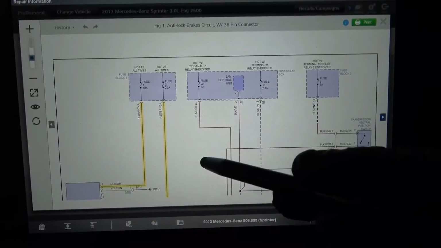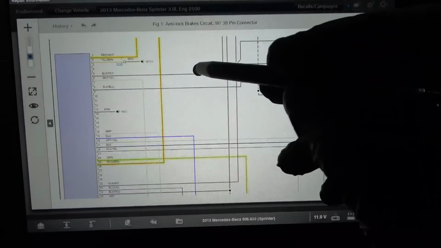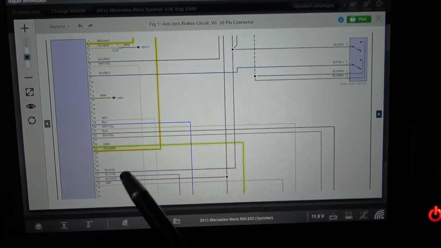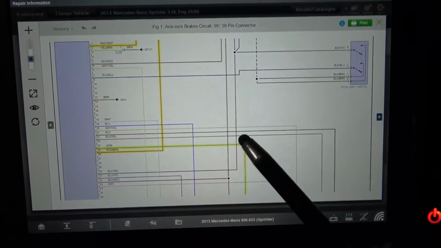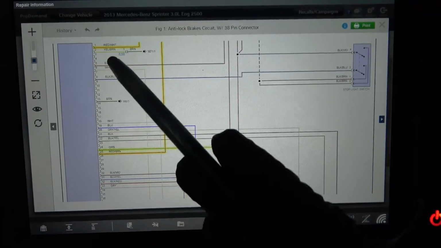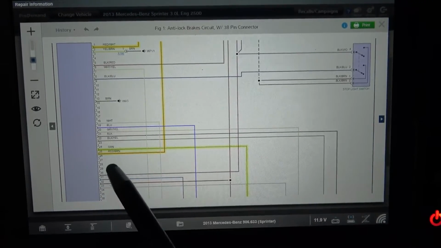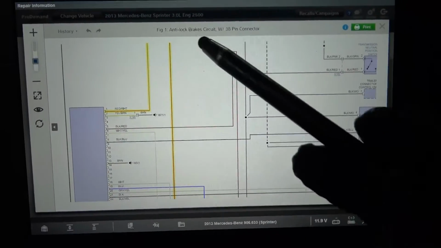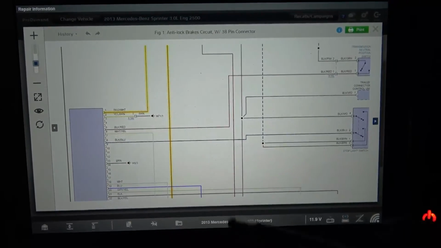That's usually how I like to do it. So I'm gonna get to this ABS control unit. We're gonna open the connector cover and get access to these wires. We're gonna check our powers and grounds there. If we don't have power and ground at these wires, then we're gonna work our way back to the fuse. I mean, if we are missing power on one of these wires.